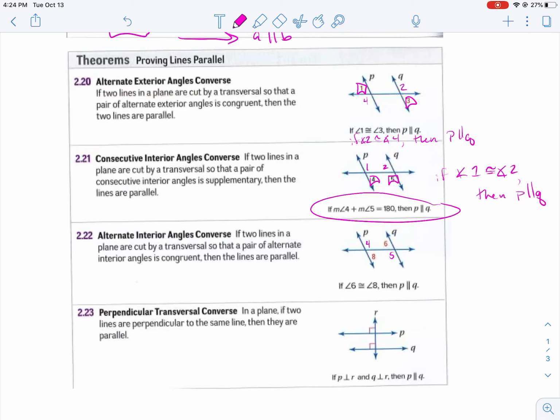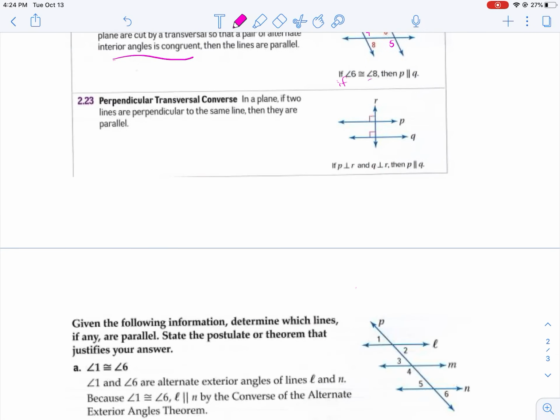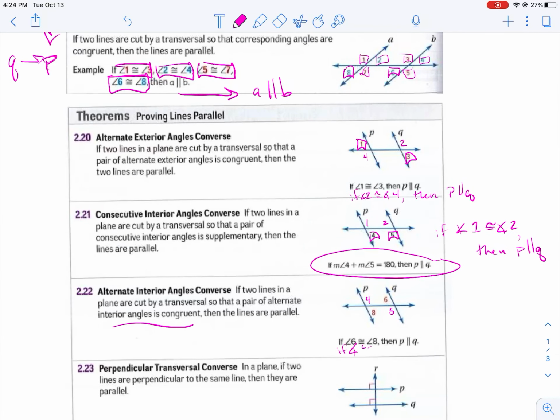What this is saying is that if two lines are cut by a transversal so that their alternate interior angles are congruent, then the lines are parallel. So if 6 and 8 are congruent, or if angle 4 is congruent with angle 5, then again, P is parallel with Q.